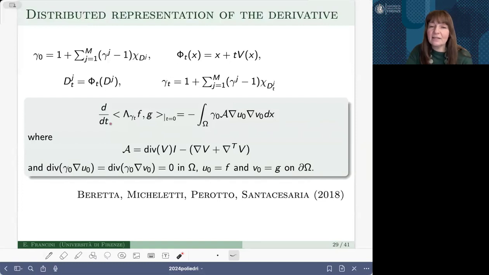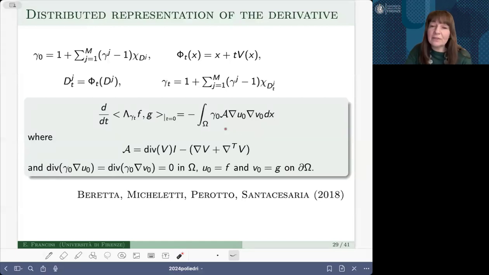And in this case, the same derivative as before can be expressed as an integral in omega of gamma 0 times a tensor A, which is described below, and it contains the direction in which we are moving our polygon, times gradient U0 and gradient V0. So this capital V is the direction in which we are moving our polygon. We have more than a polygon here. In this case, it's described the case in which you have a partition. So you move your partition, and this is the shape of the derivative.